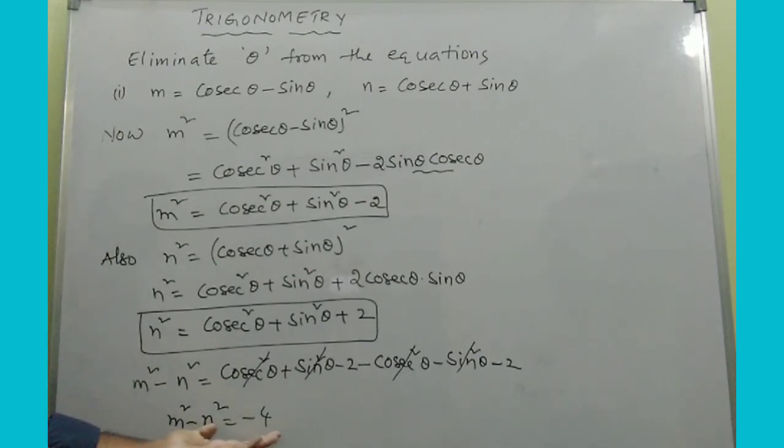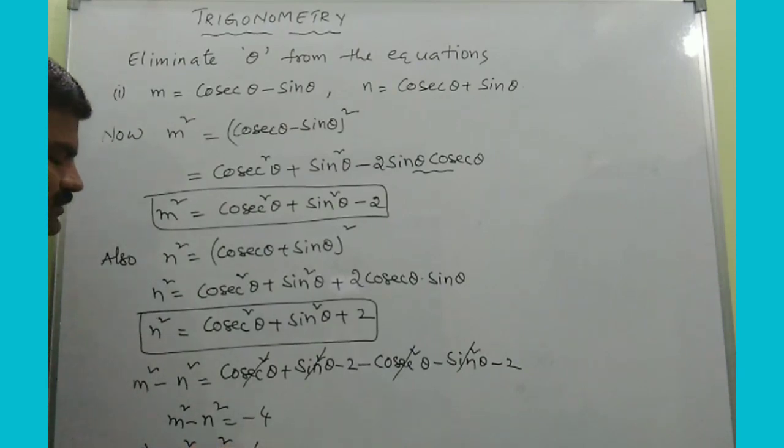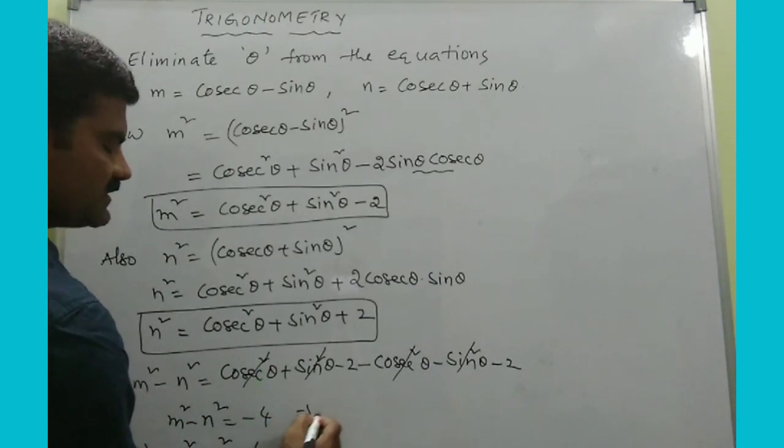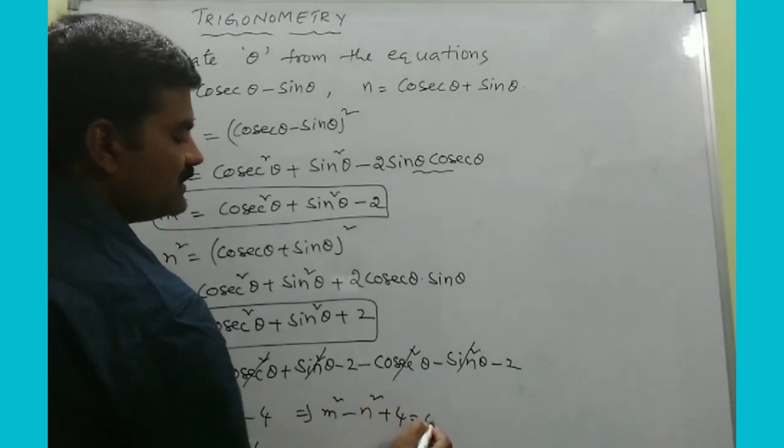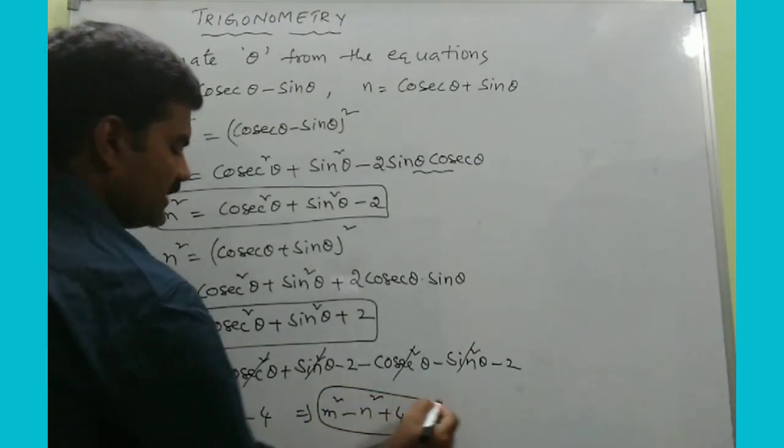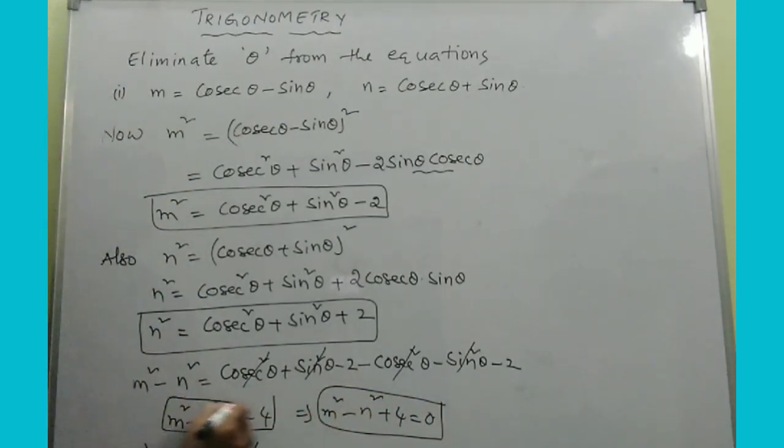Finally now there is no theta. That's what eliminating theta means. Further, because of minus 4, you can write n square minus m square is equal to plus 4. If not, from this you can also write m square minus n square plus 4 is equal to 0. So you can stop anywhere according to the option.